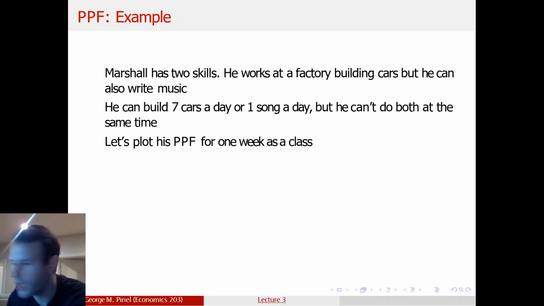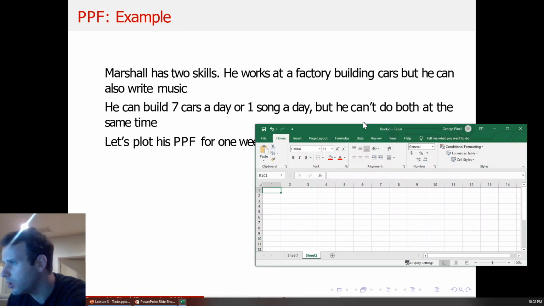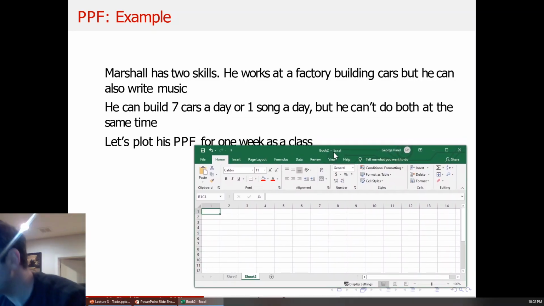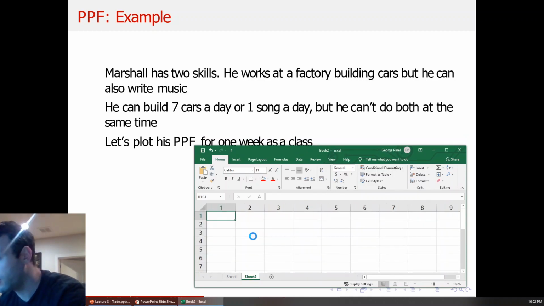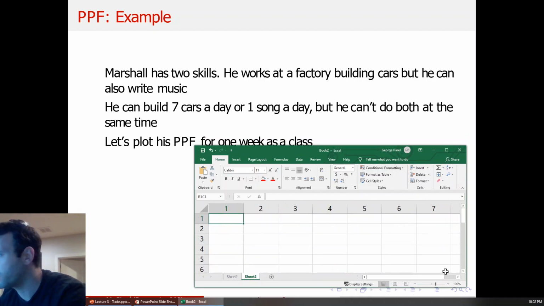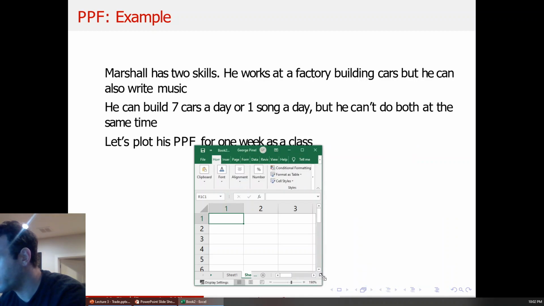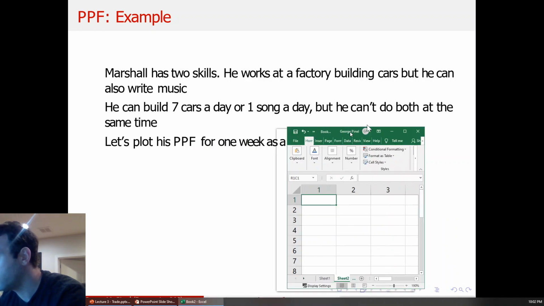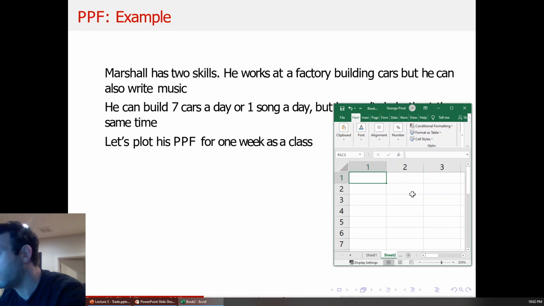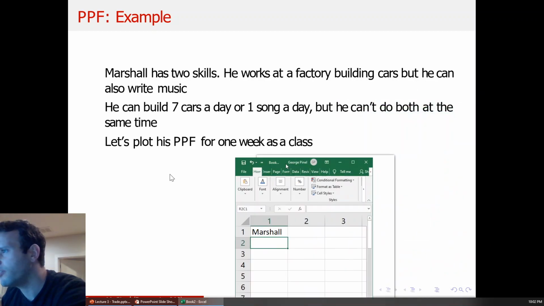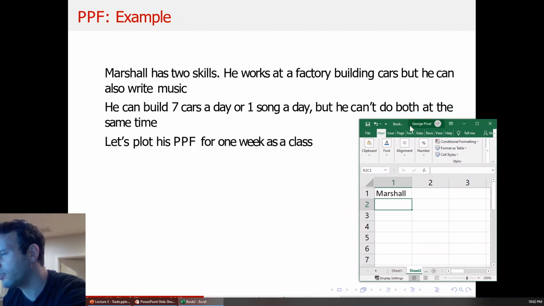So I did have a blank book up, but all right. So I got this Excel file here, and I'm going to kind of bring it up a little bit, make it a little bigger. All right, so we have Marshall, and he's got 1 week, 7 days.